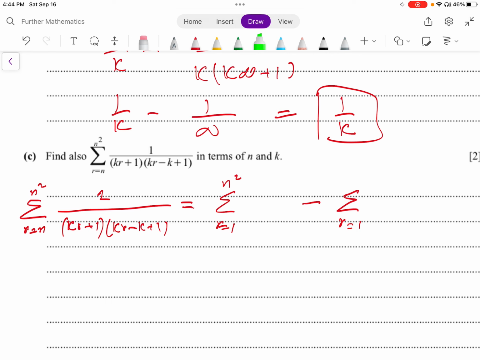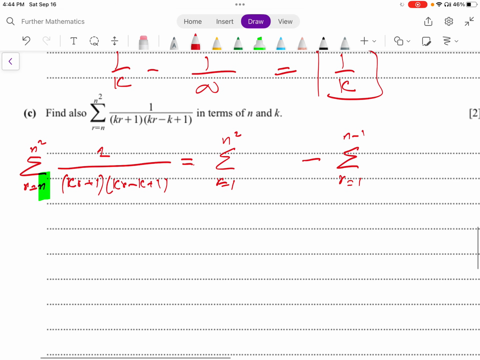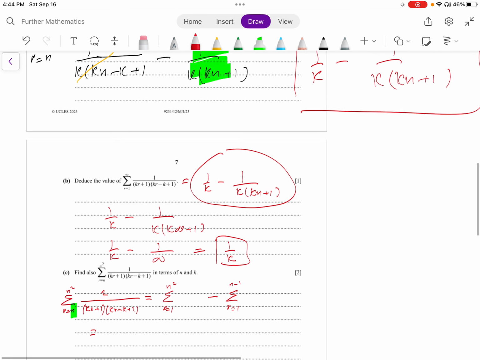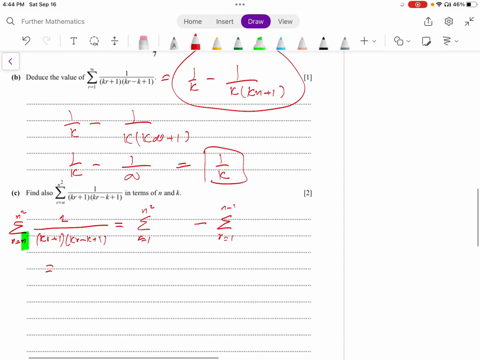Here we have to start from n, so its previous term will be n minus 1, so from r equals 1 to n minus 1. When we apply the sum formula, we know the sum formula is 1 over k minus 1 over k times (n plus 1).